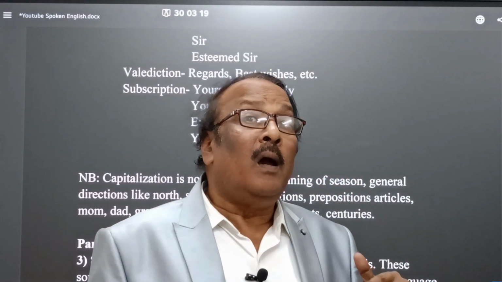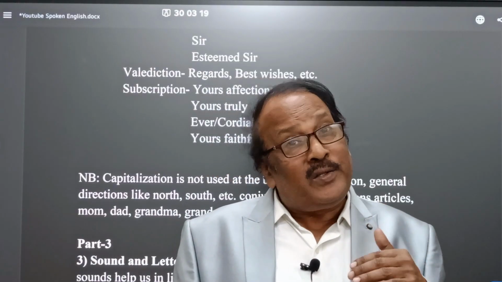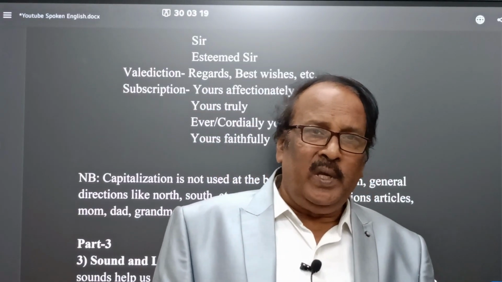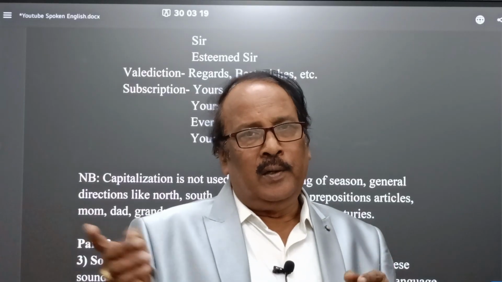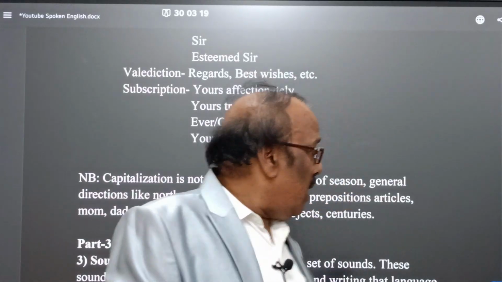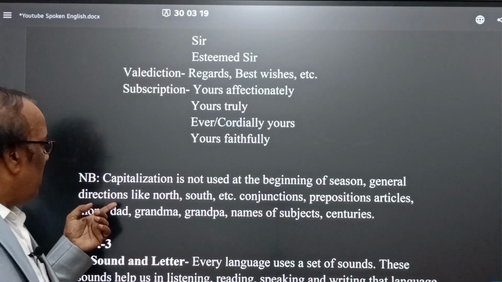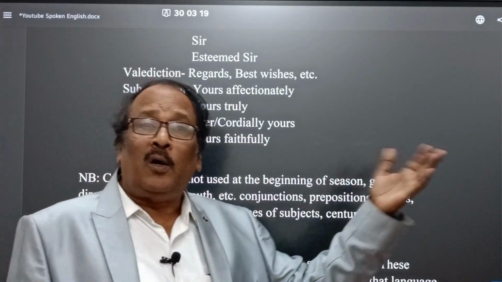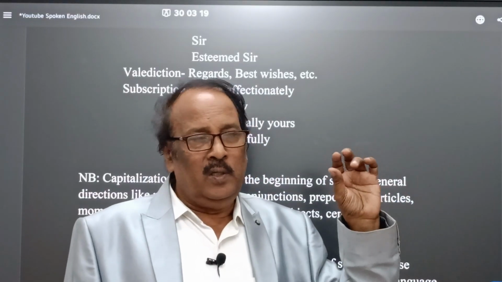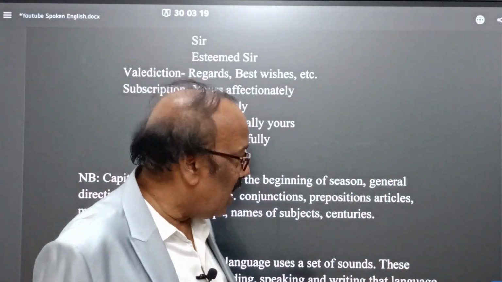But March, it may remain at the beginning, middle or the end, M must be capital. And here we find that directions like north, south, east, west, the first letter must not be capital.